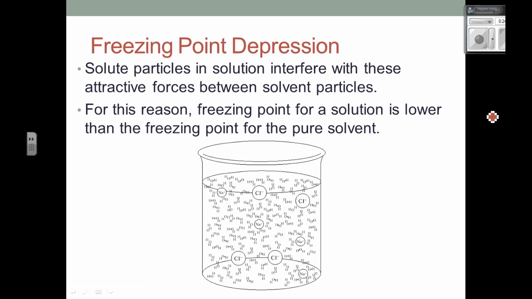We have a beaker with water, a bunch of H2Os, and we dissolve some salt inside that beaker. The chlorines and those sodiums are going to get in the way of those water molecules from forming those strong hydrogen bonds that then form that crystal structure of water, or ice.